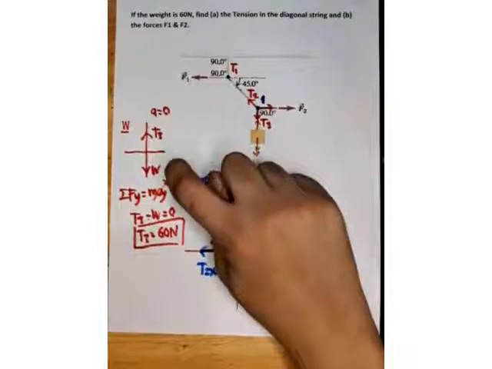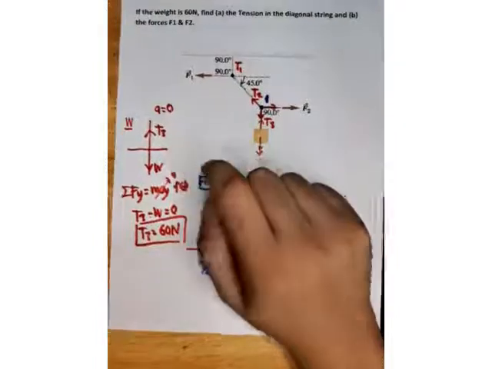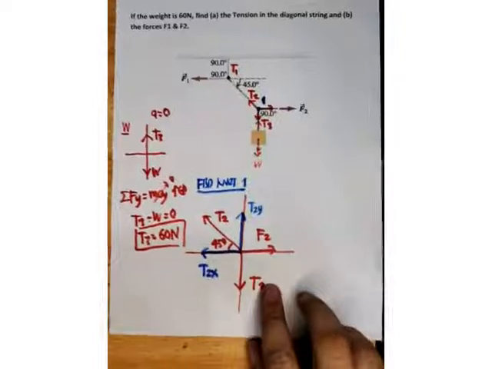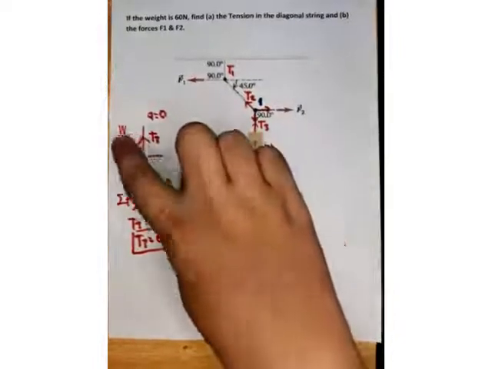Dito sa FBD natin, dun sa summation of forces natin, wala kasing acceleration. The system is not moving. It is static. It's not moving. Okay. Ayan. So, kung kukunin natin siya along x, wala naman tayong value ng F2.